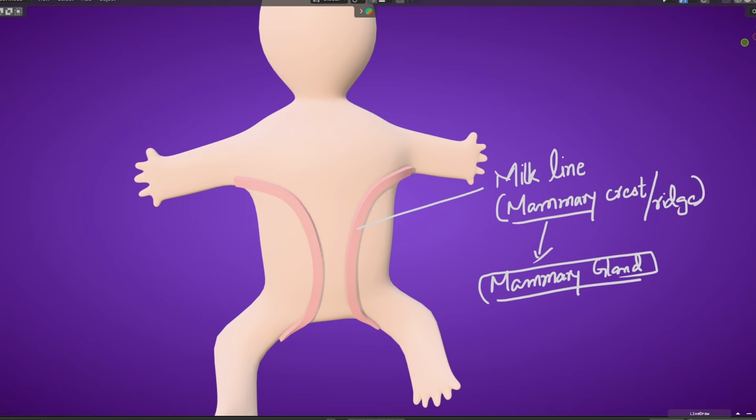The trademark, landmark feature of all mammals, due to which they are called mammals, is the presence of mammary glands, or the breast. Through these breasts they feed their newborn babies. So it is present in every mammal.